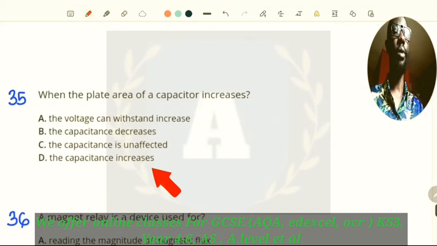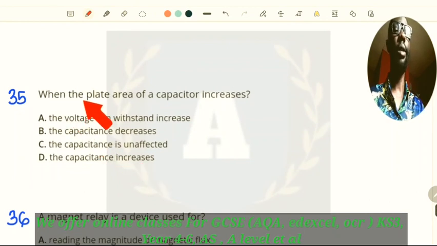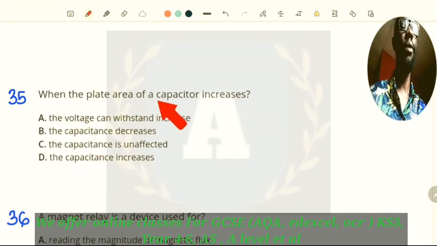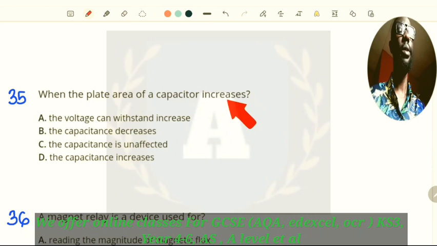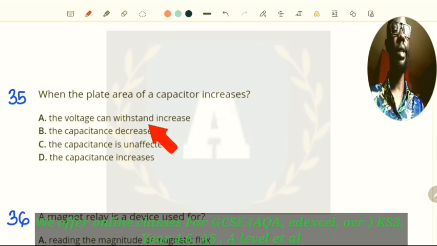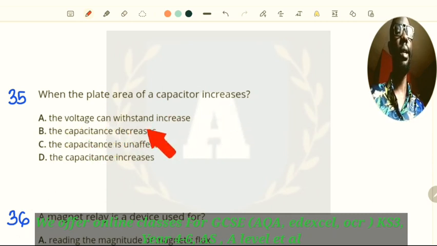Now in the next question, we said when the plate area of a capacitor increases, the voltage it can withstand increases, the capacitance decreases, the capacitance is unaffected, or the capacitance increases.